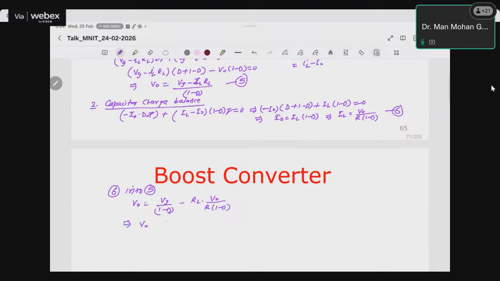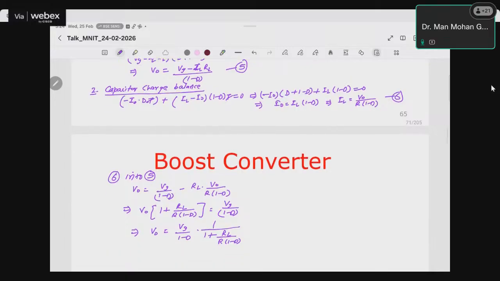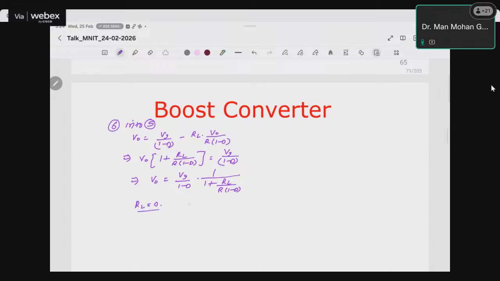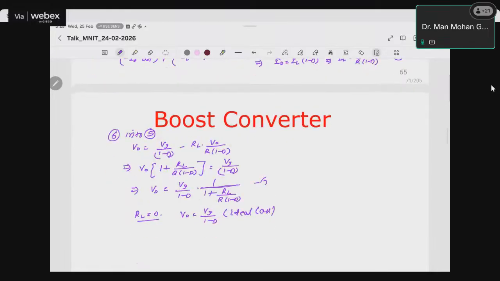We can take V naught to this side. This is 1 plus RL upon R (1 minus d) squared into Vg upon 1 minus d. So from here V naught comes out to be Vg upon 1 minus d into 1 plus RL upon R (1 minus d) squared. So you see, if we keep RL to be 0, then this expression is the same as it was in the ideal case, right? But when non-idealities are there, then this expression is valid.